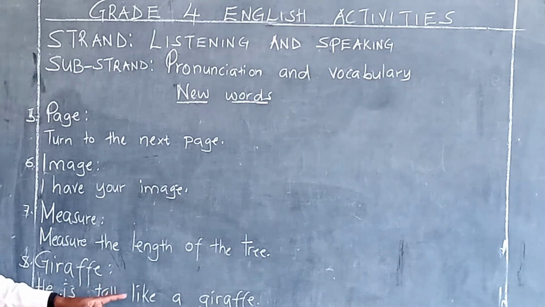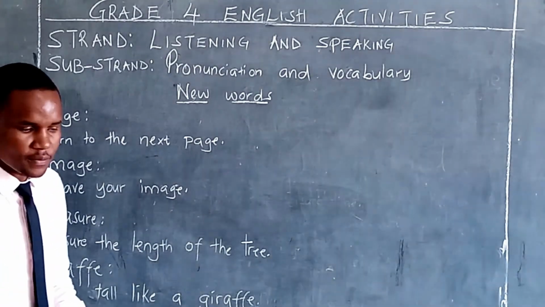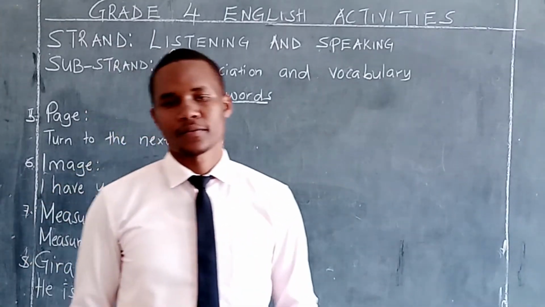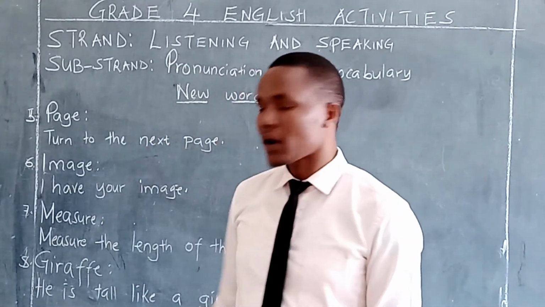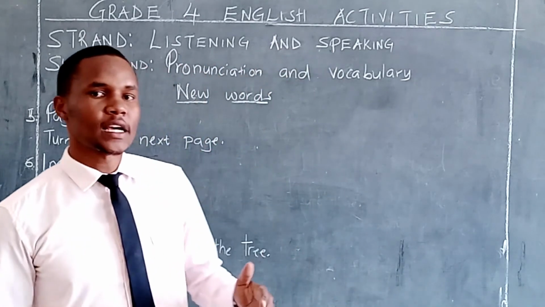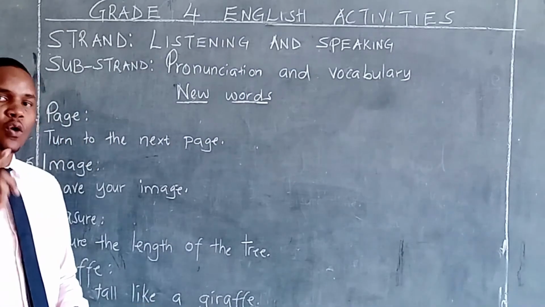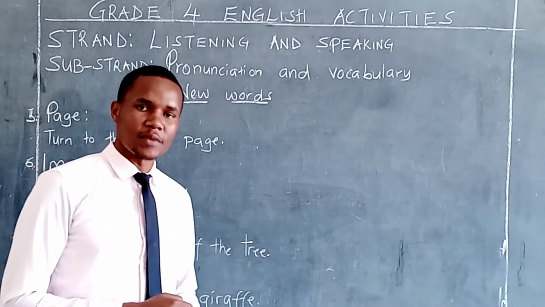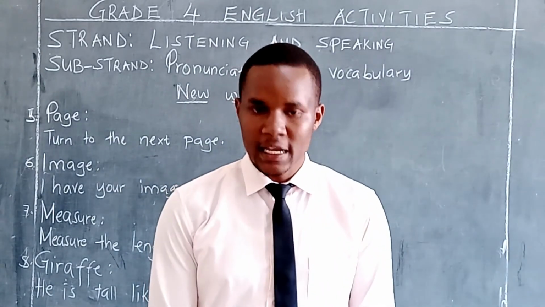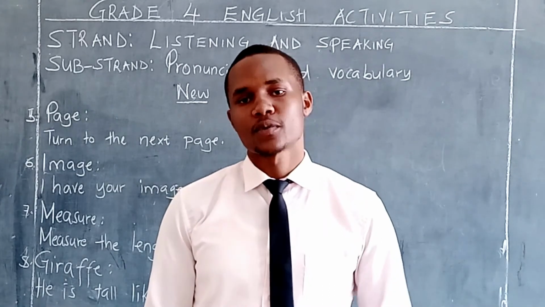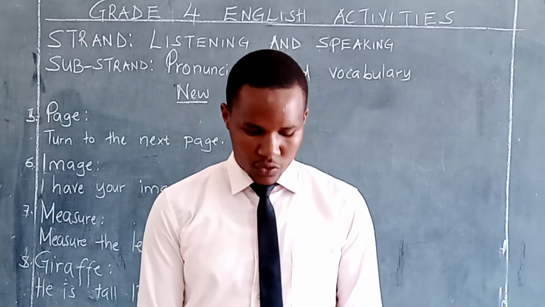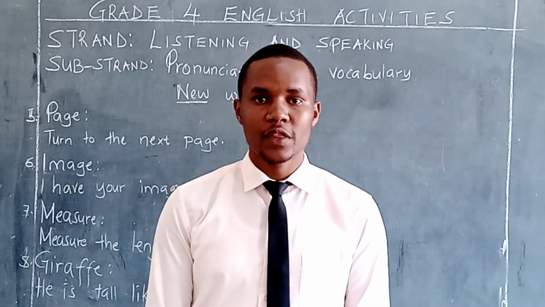He is tall like a giraffe. It means this person is as tall as a giraffe. So that is a sentence we can use for the word giraffe. And this is what we call a simile. I know you've been taught what a simile is, and you know some other examples of similes. In the next lesson, we're going to recap some of the similes that we have in English. Are you there? So now we have come to the end of our lesson.